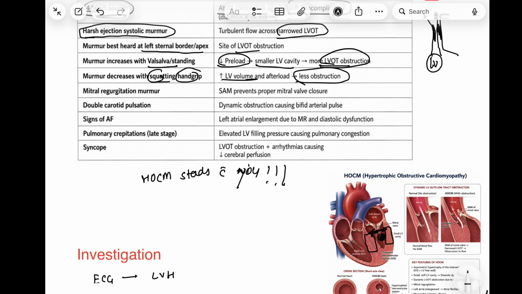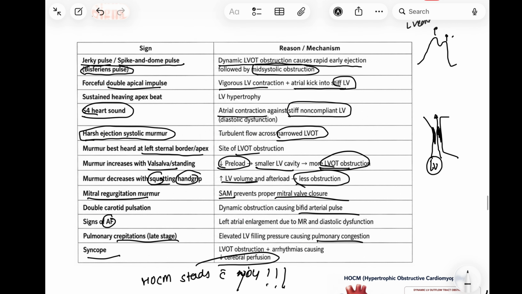Mitral regurgitation can be there due to systolic anterior motion of the mitral valve. Double carotid pulsation could be there due to bifid arterial pulse. We can also get signs of atrial fibrillation, pulmonary crepitations due to pulmonary congestion, and syncope due to decreased cerebral perfusion, as we discussed earlier. So these are the signs that we can get.